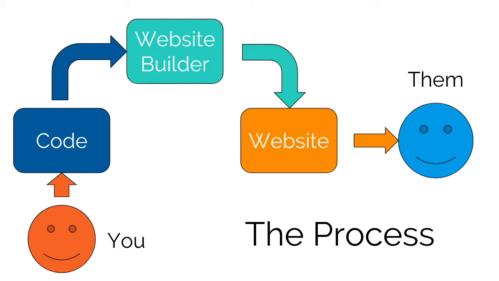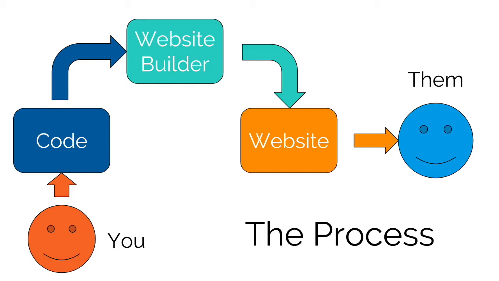So I made a very simplified model of what we will be doing. We'll get into the details of this later, but just to give you a mental framework, we're going to be using a tool called a static site generator.